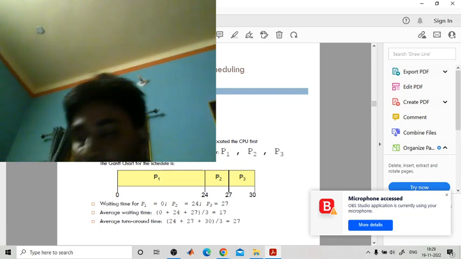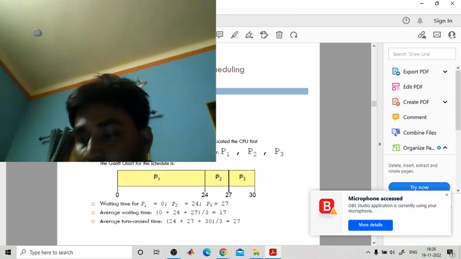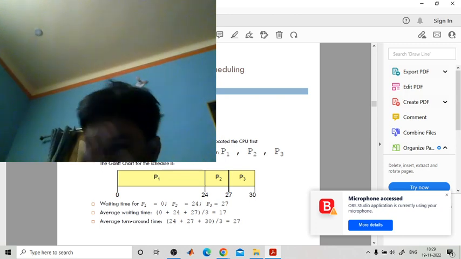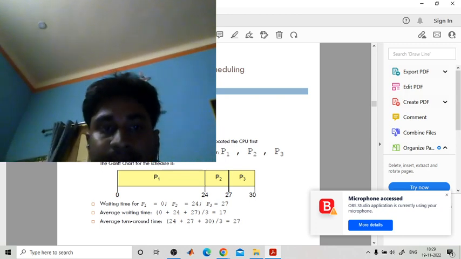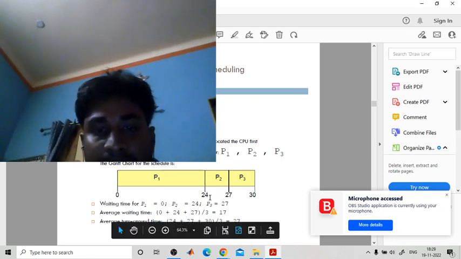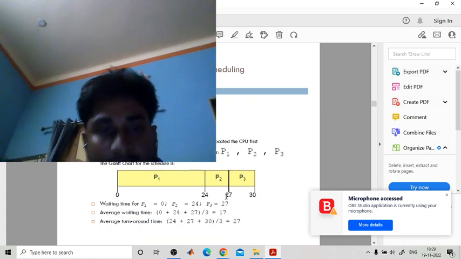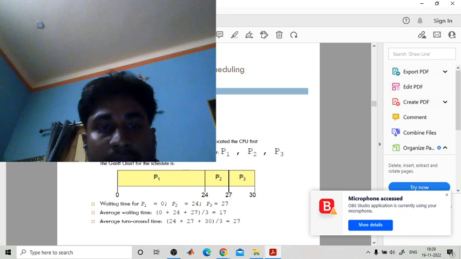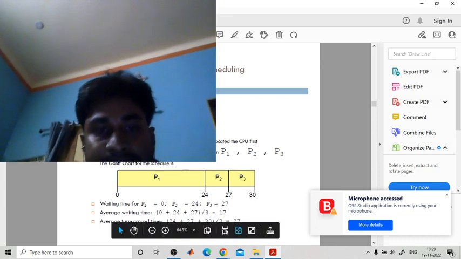Then according to the order, after P1, P2 will come and P2 will execute for 3 milliseconds, so from 24 to 27 it will execute. And then P3 will come, and it will execute from 27 to 30.